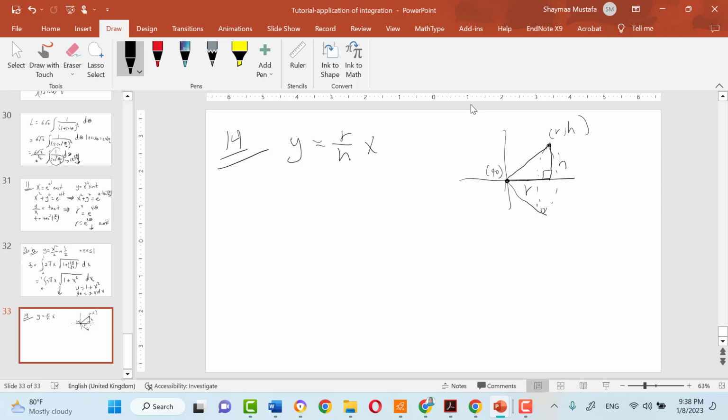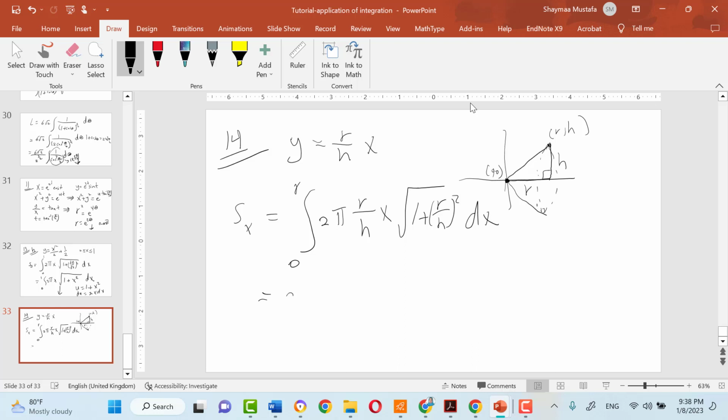Okay, this is our function, rotation around the x-axis. So x is from 0 until h, and we have 2 pi f of x, which is R over h x, times square root of 1 plus dy over dx, which is (R over h) square, dx.